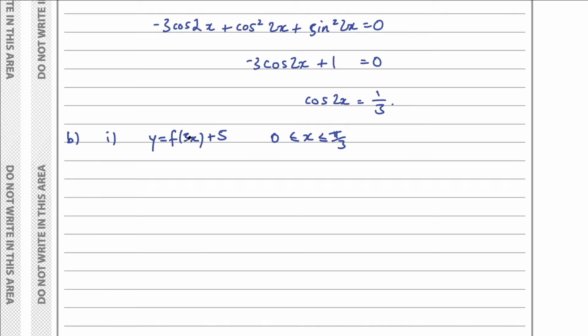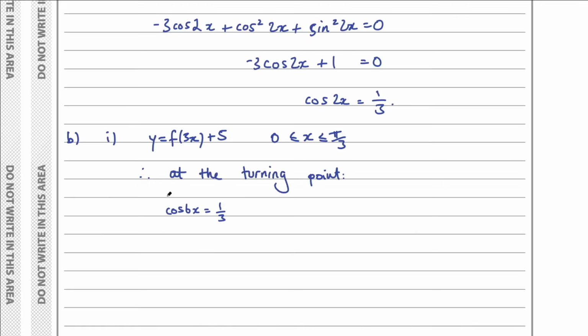So when you multiply the input by 3 in the function, what you're doing is also multiplying the input of the derivative by 3. So we can say at the turning point, it will be the cosine of 6x equals a third, because we just take that 2x, multiply it by 3, and that's the solution for the turning point. So we'll start off there. Therefore, at the turning point, the cosine of 6x equals a third.